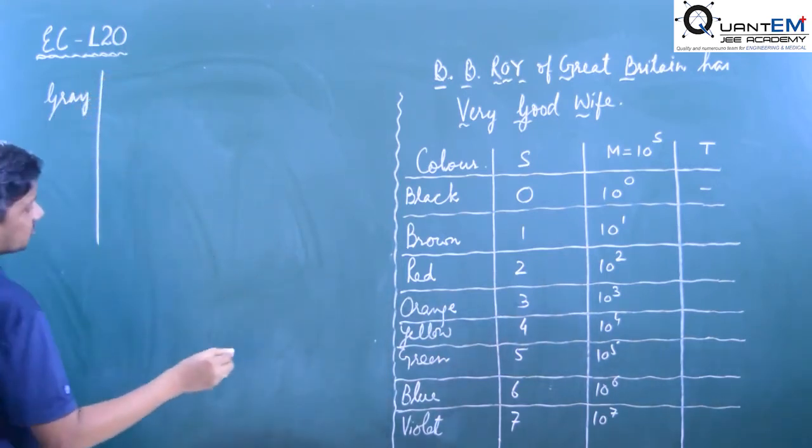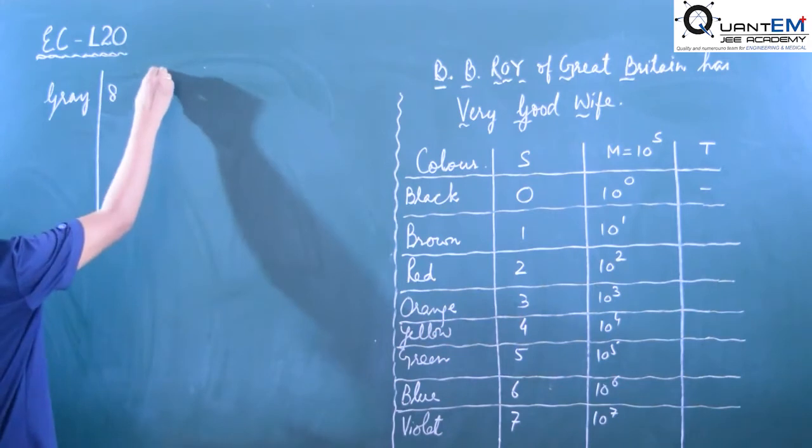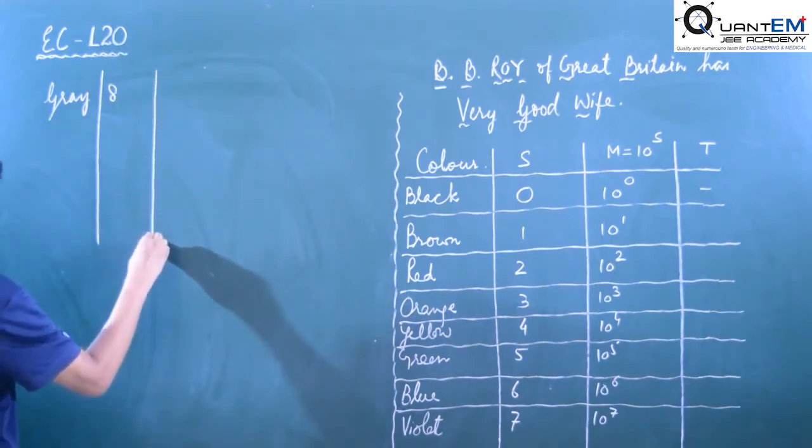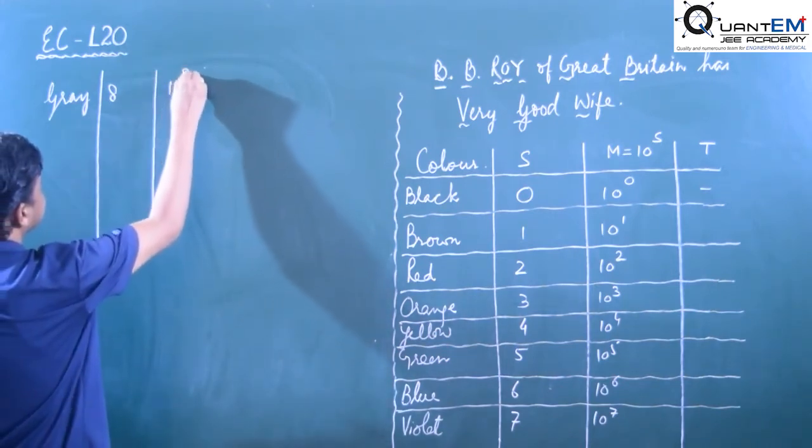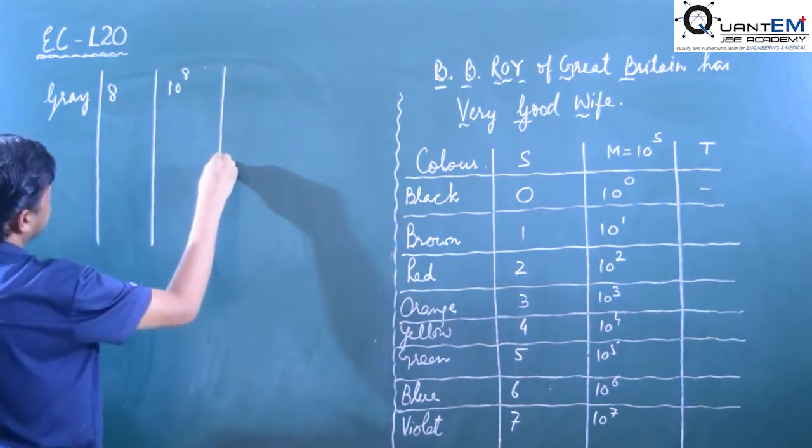The significant value for gray is 8. The multiplier is 10 to the power of the significant value. Tolerance is nothing.